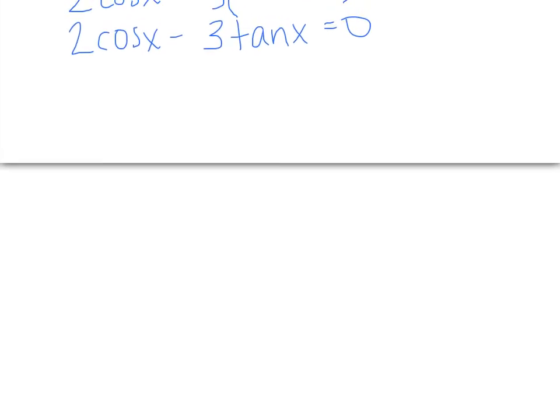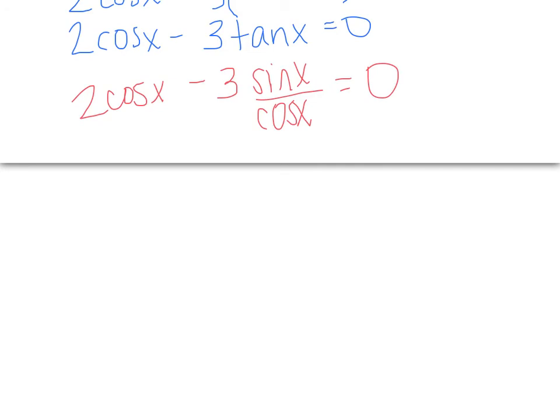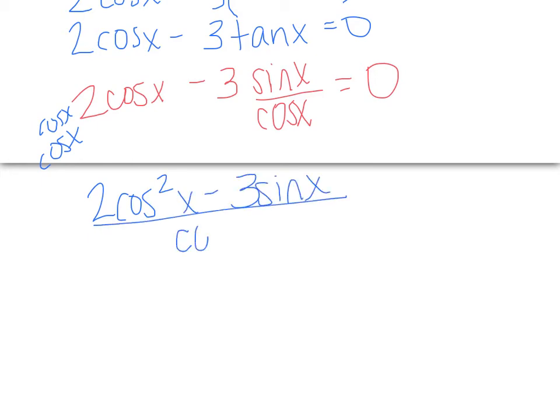So that means cosine's going to stay. 3 tangent is going to become sine x over cosine x. 2 cosine x, in order to get common denominators, we're going to have to multiply by cosine x over cosine x. So now I'm going to have 2 cosine squared x minus 3 sine x over cosine x.